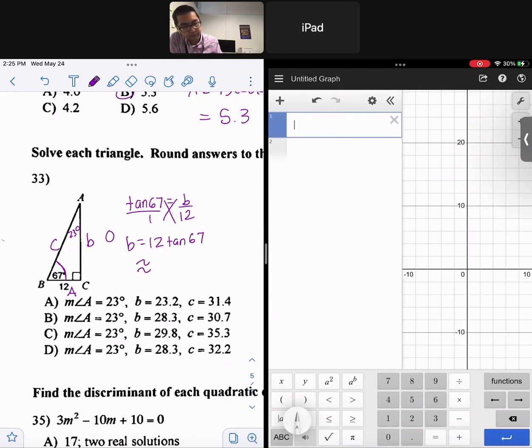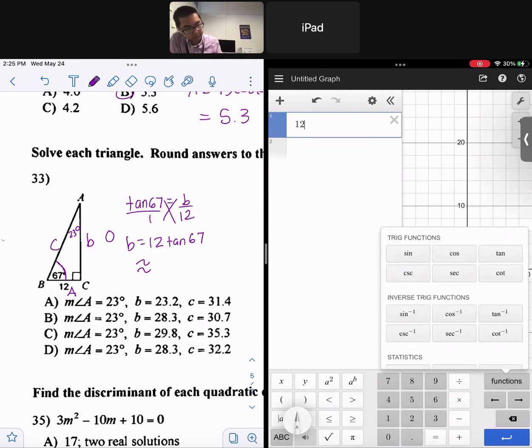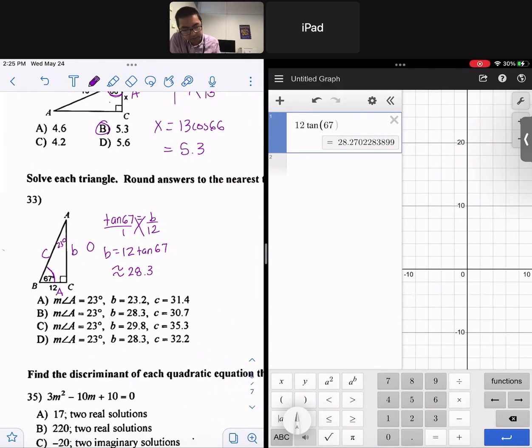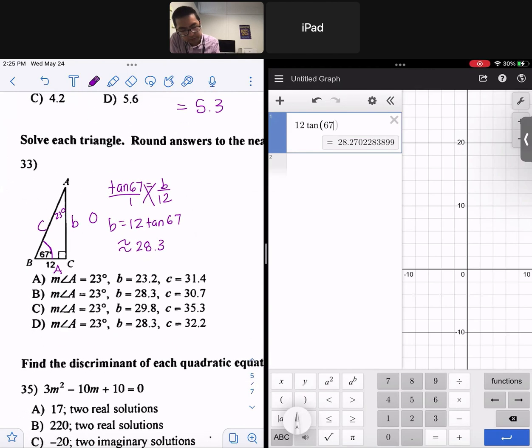And if we do 12 tan 67, it's going to be 28.3. So that's B. Now let's solve for C. C is the hypotenuse, so I'm going to use adjacent and hypotenuse, so cosine.